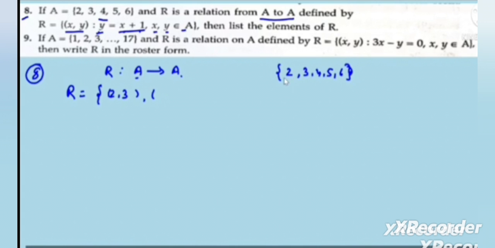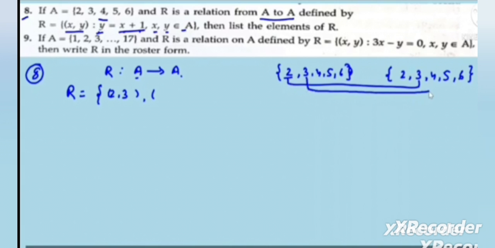Then 3, 4. So we have to take A to A. Then for 3 I have to check whether the pair exists for 3 or not. Then the pair of 2 is 3, but 2, 4, 2, 5 all are not possible.